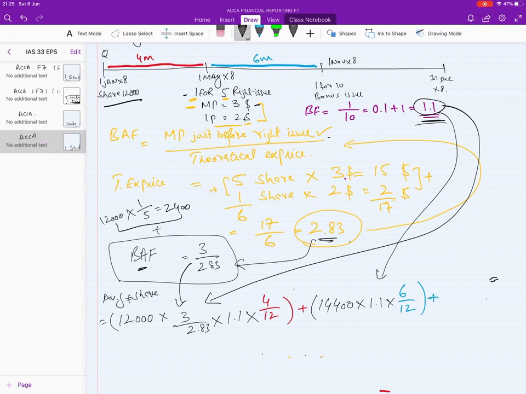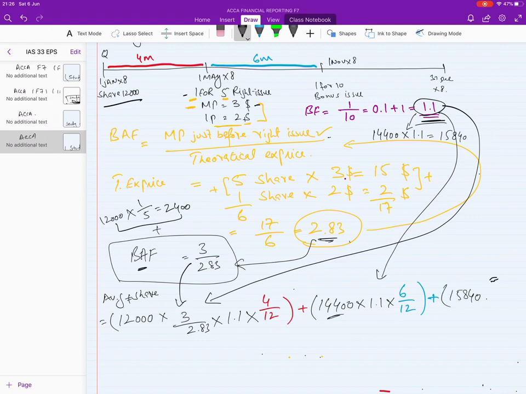Plus, from now the company is issuing more shares. How many shares was the company having? 14,400. The company was having 14,400 shares before. Now multiply this with this, it means now the company will have 15,840 shares.